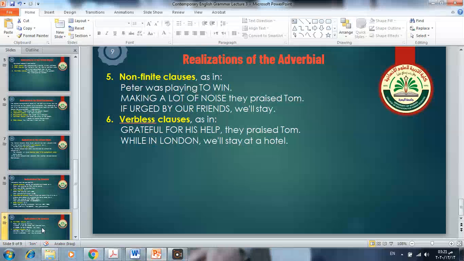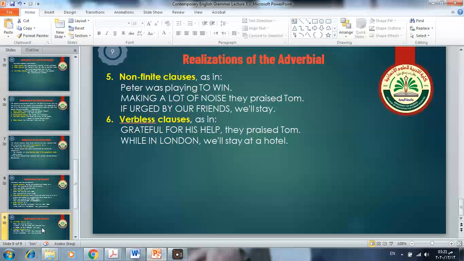If urged by our friends, we will stay. So in all these examples, the non-finite clauses function as adverbials. Okay, so function as adverbials, it means what? They add to the meaning of the verb. Okay?